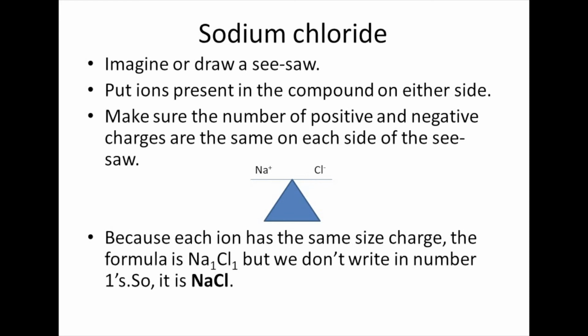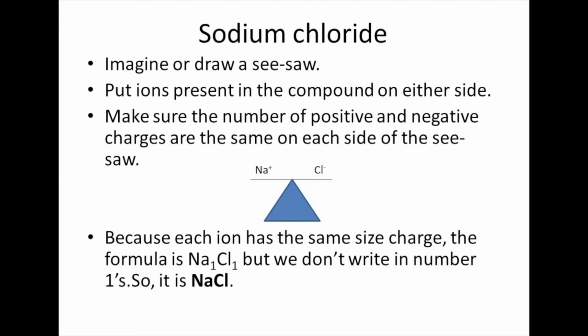So it's asking me for sodium chloride. So it's Na+ Cl-. I haven't learned anything. I just copied down from that list. You've got to make sure the number of positive and negative charges are the same on each side of the seesaw. Now, Na+ means Na 1+. We just don't write the 1 in. Cl- means Cl 1-.